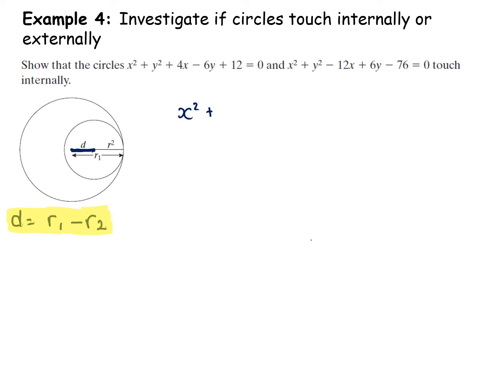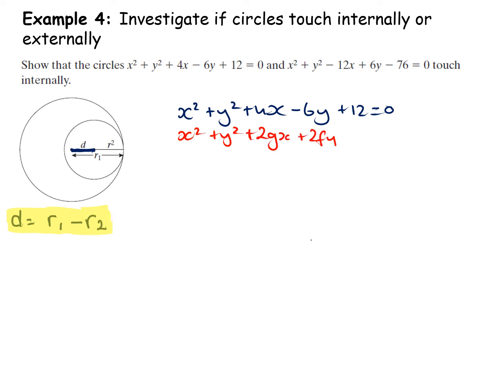We take our equations and we set up the equation using page 19, our log table. So x squared plus y squared plus 2gx plus 2fy plus c equals 0. 2g equals 4, so g equals 2. 2f equals minus 6, so f equals minus 3.